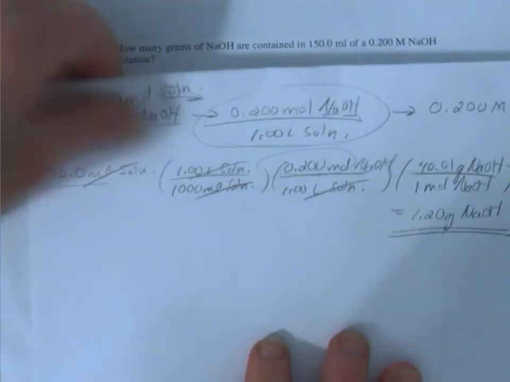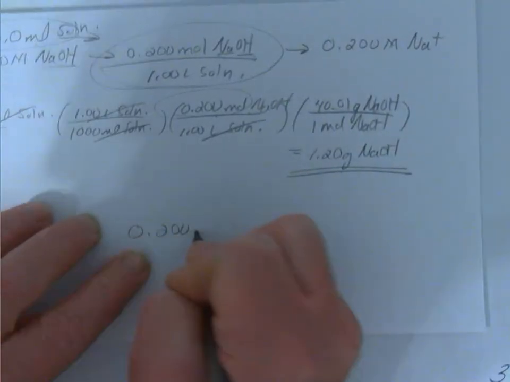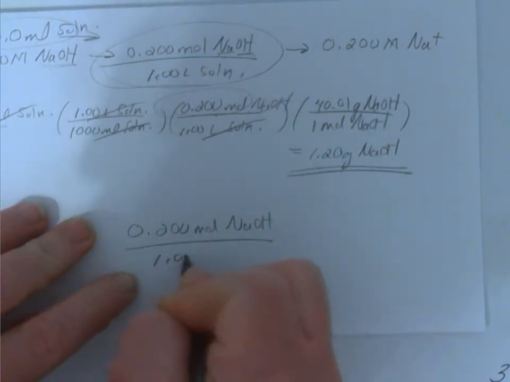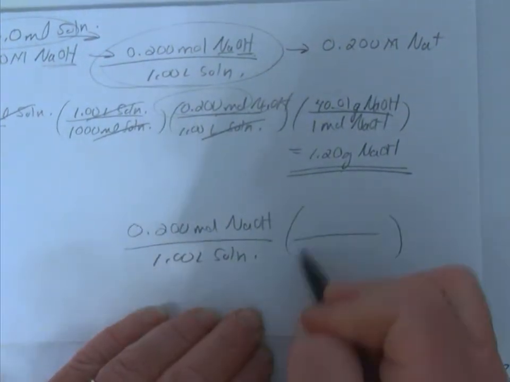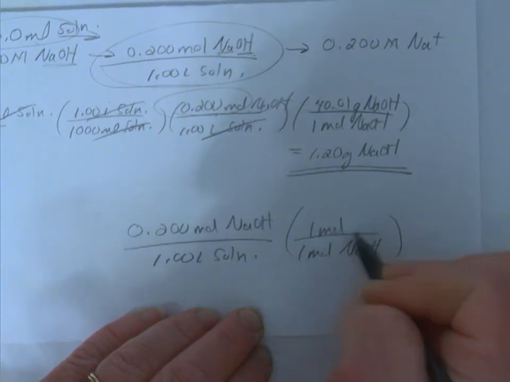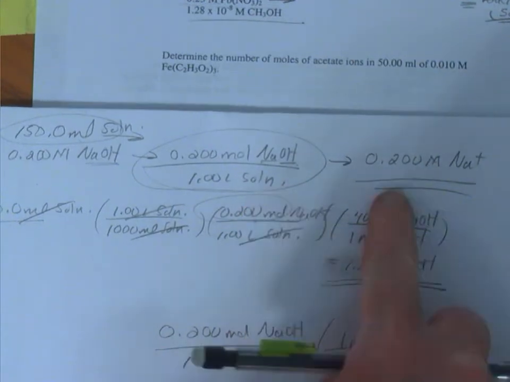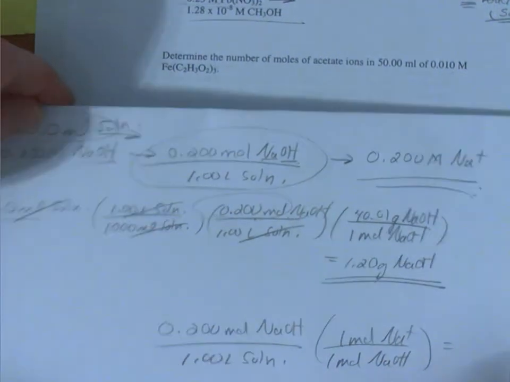Now, what we could do is say, okay, put 0.2 moles of NaOH in every 1 liter of solution, and then for every 1 mole of NaOH, it's 1 mole of Na plus. But I think we can make that jump just mentally.